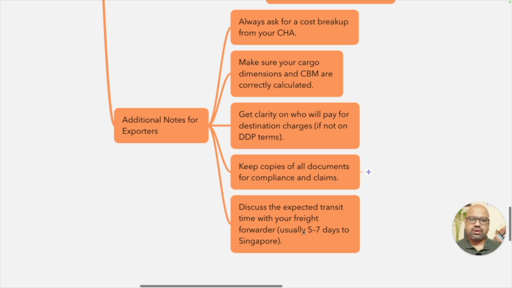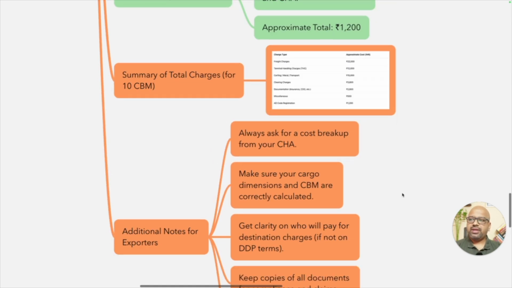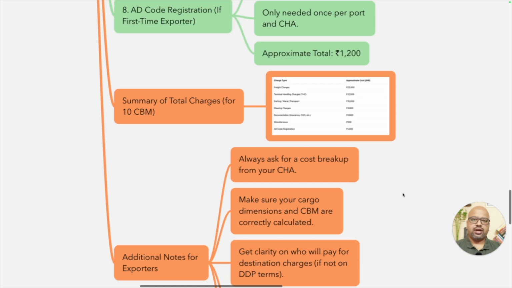If you are not working with a local CHA who is just one person, the big companies already have tie-ups with multiple freight forwarders. They work collaboratively and load up the container. So normally the full containers will go to the destination. Multiple openings are not required, but still, if your destination challenges that, then obviously it could be possible. Okay, so these are all the options that I hope you have understood.